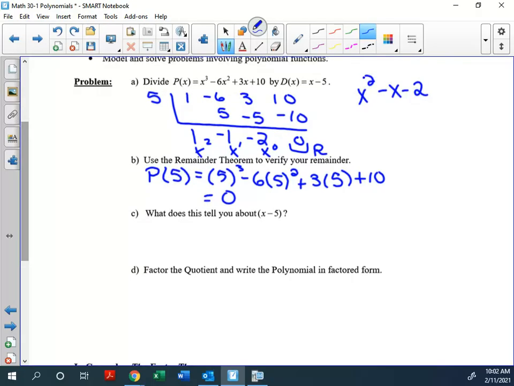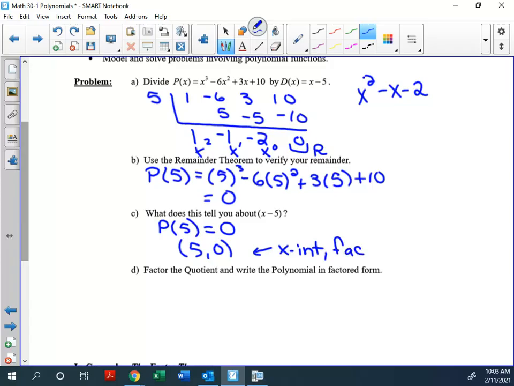What does this tell you about x minus 5? So this is that link. We know that is the statement that I can now make. The polynomial at 5 has a value of 0, which means I have the point 5, 0, which means that I have an x-intercept.